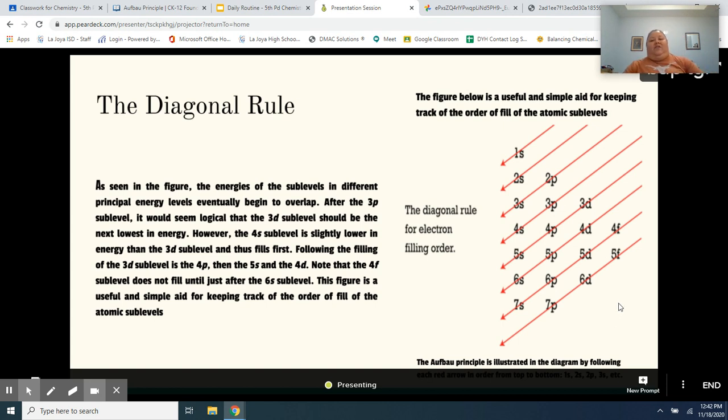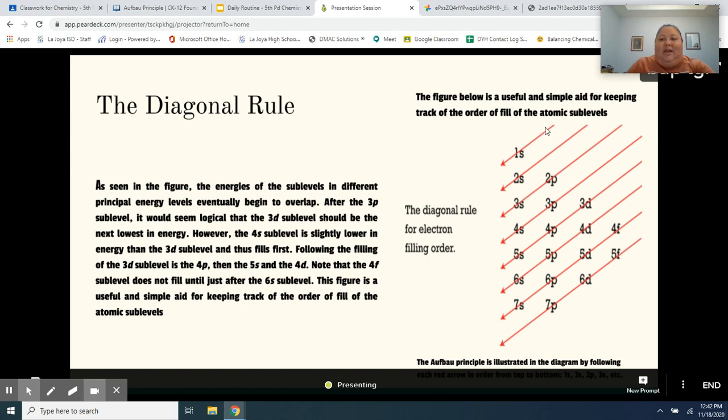So if I were to ask you, Irvin or Oscar or Caitlin, anybody, if we have 1S, what comes after 1S? So you are at the bottom of the first arrow. Are you going to go to the bottom of the second arrow and then go up, or are you going to go to the top and go down?